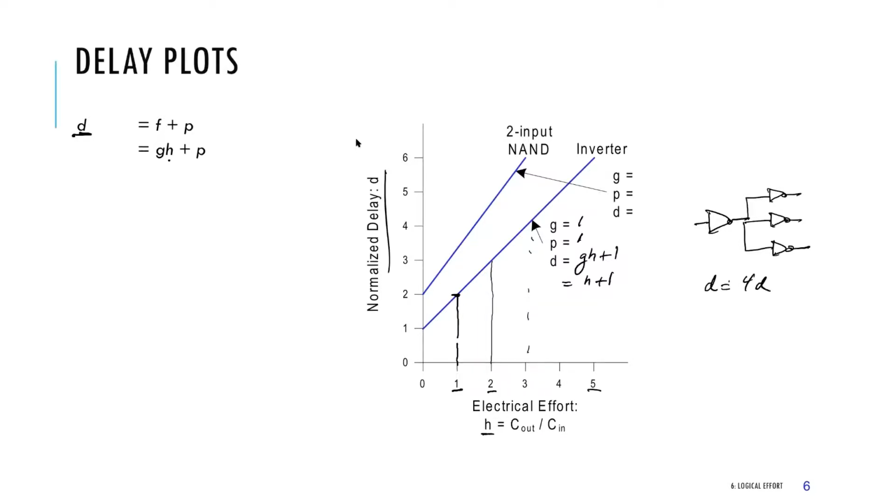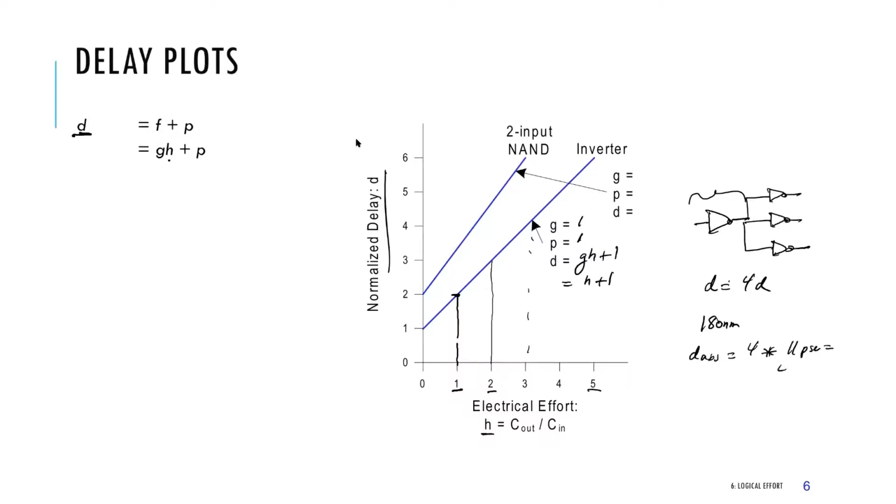And then let's say you want to figure out what this delay is. For our 100 nanometer process, you multiply this by the tau RC value, which was 11 picoseconds.